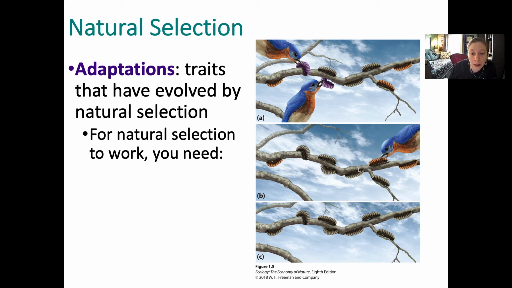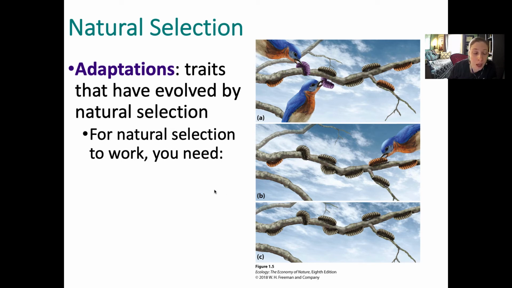Then in this generation, the orange caterpillars are the most obvious, and so they eat those. And so by generation 3, you now have a caterpillar population that is really well blended to this stick. And so maybe you'll get some birds that can find them, but more often than not, the birds can't.